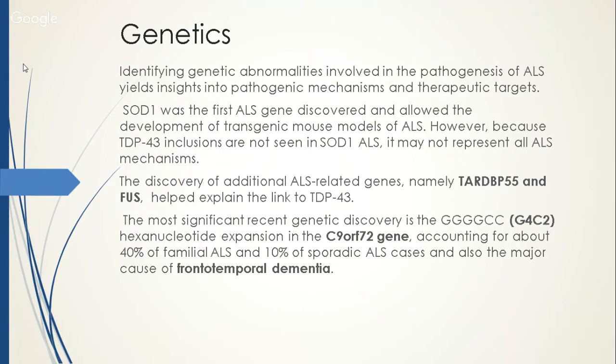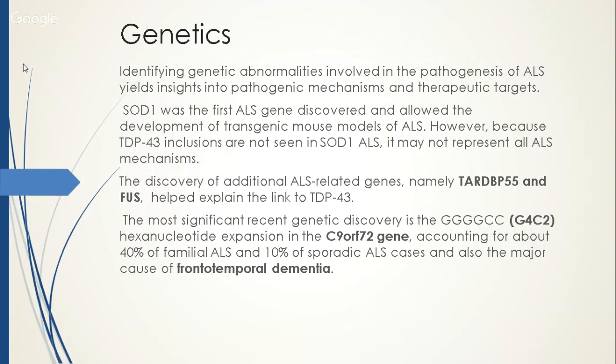In terms of genetics, SOD1 was the first gene involved. When they found it, they said, okay, maybe we got it. Now let's try to make a model of this disease and try to address and treat it. However, it did not really involve the other proteins such as TDP43.